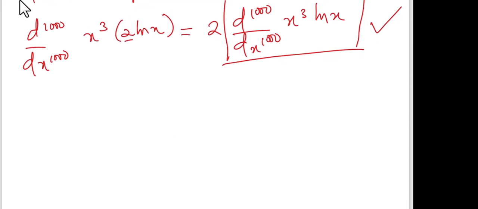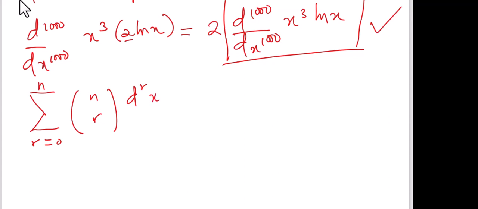So we have the summation of r from 0 up to n, n combination r, d r of x cube over dx r times d of n minus r over d of x n minus r of ln of x, like this.